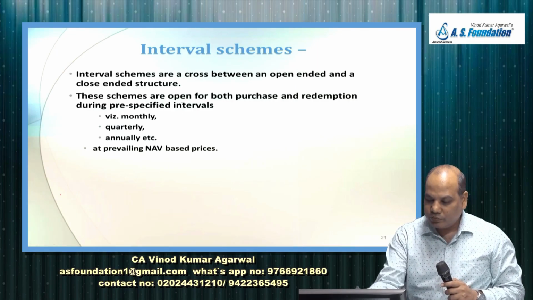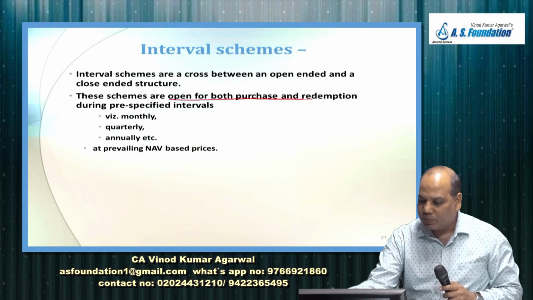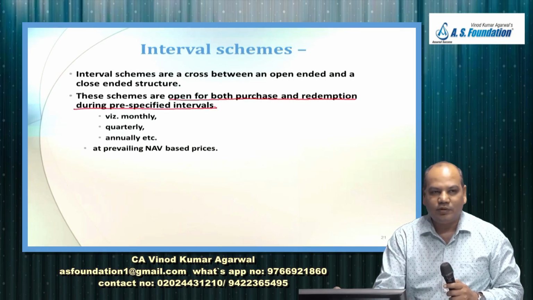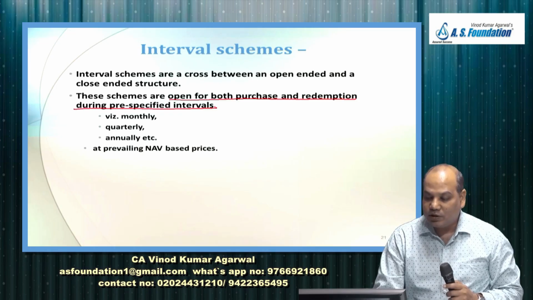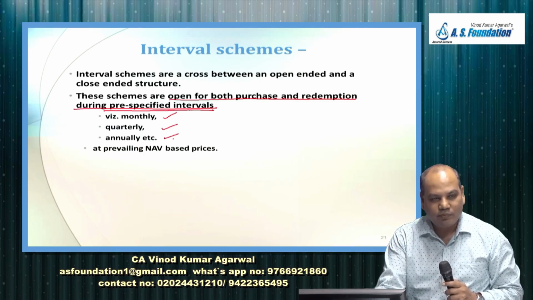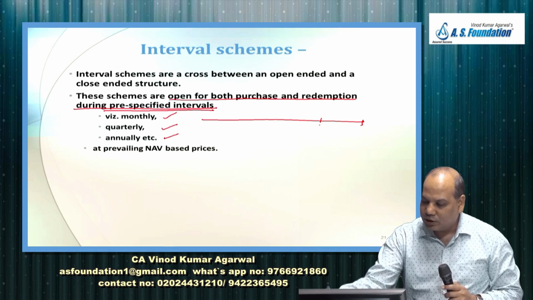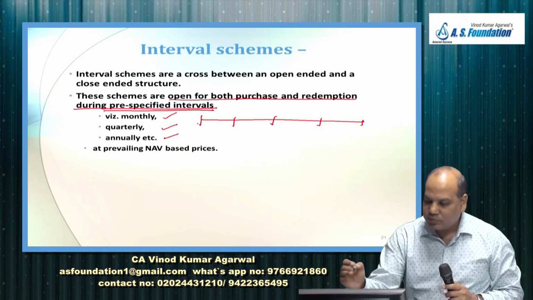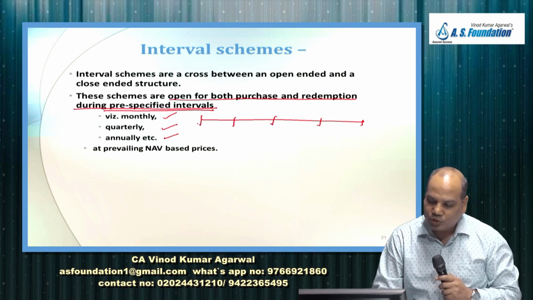That means in open-ended it is open for purchase and sale on any day. Interval schemes are open for purchase and redemption only on pre-specified intervals, which can be monthly, quarterly or annually. So they will say these are the dates on which mutual funds can be bought or sold.